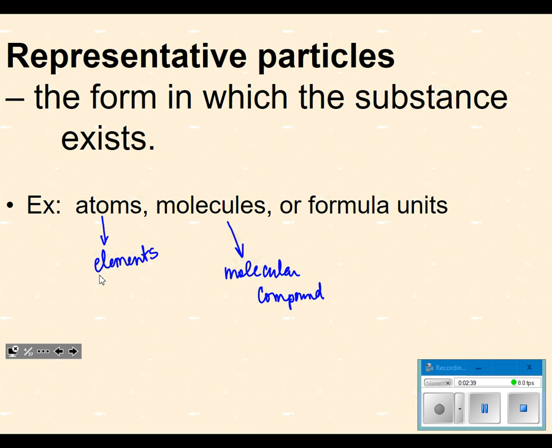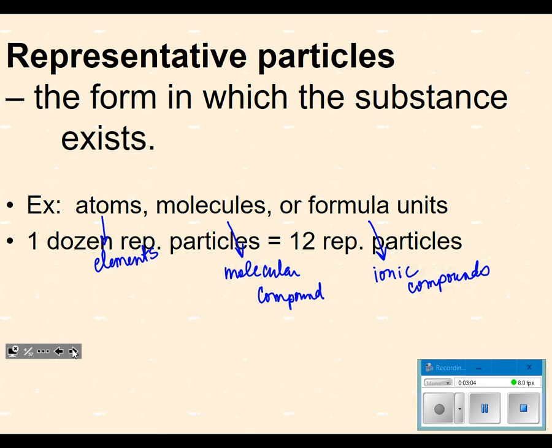And when you have the representative particles of an ionic compound, you have formula units. So all of these mean the same thing, but we'll use them at different times depending on what type of compound or element we're talking about.